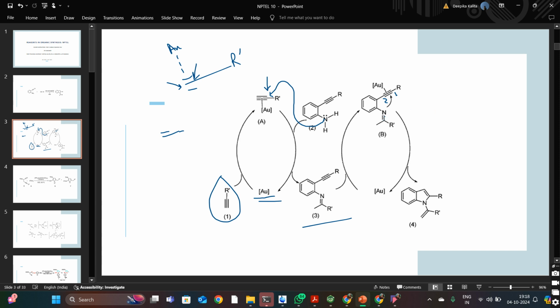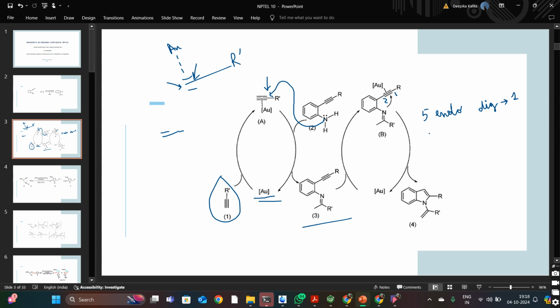See, if this imine attacks at carbon number 1, you will get a 5-membered cycle. Okay, the reaction will be 5-endo-dig. Okay, 5-endo-dig cyclization will be followed when it attacks carbon number 1.